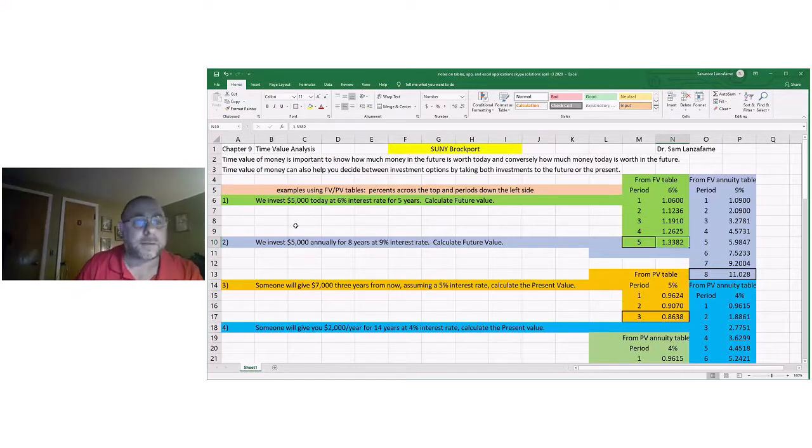So let's do that. So if we take $5,000 and you multiply that by that future value factor, it's actually referred to as a factor, this 1.3382. And let's do that multiplication.